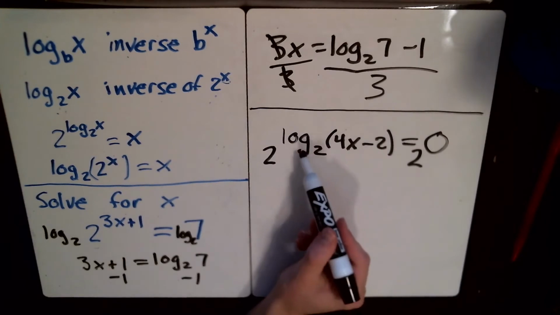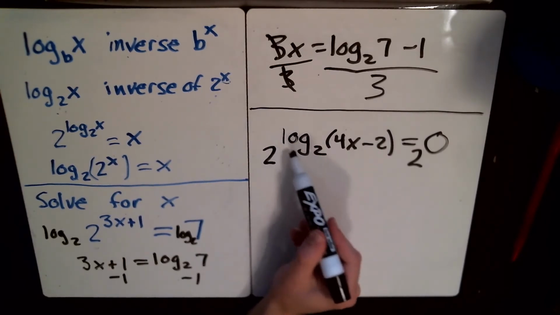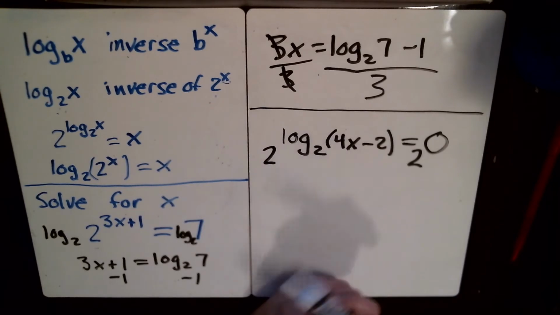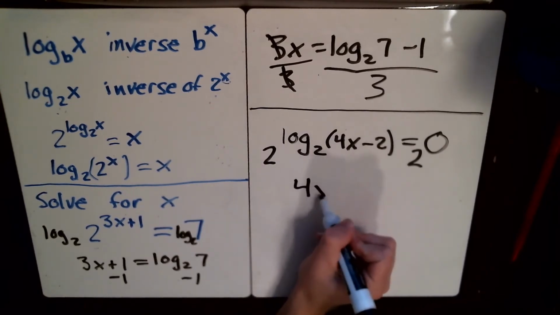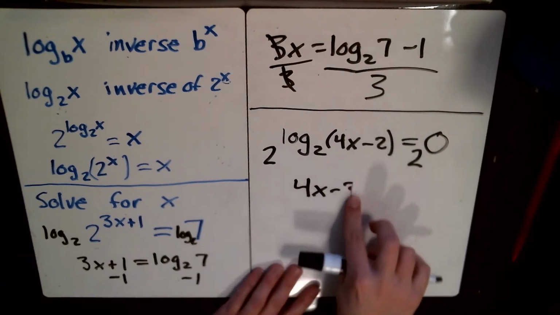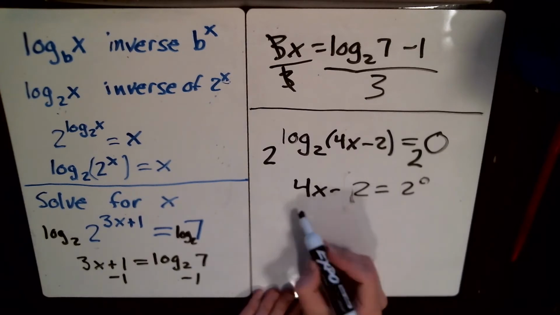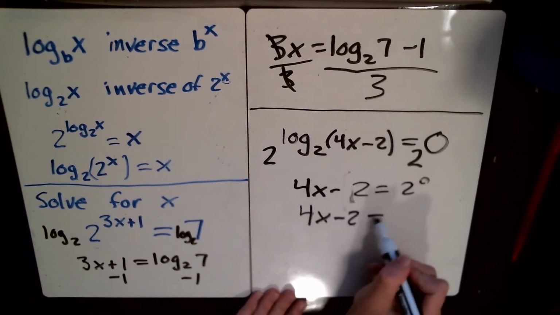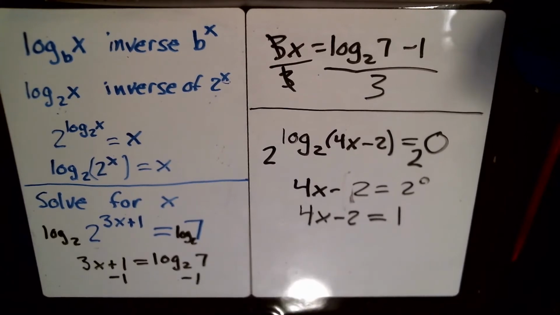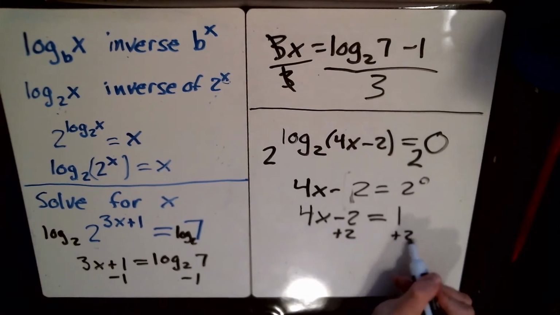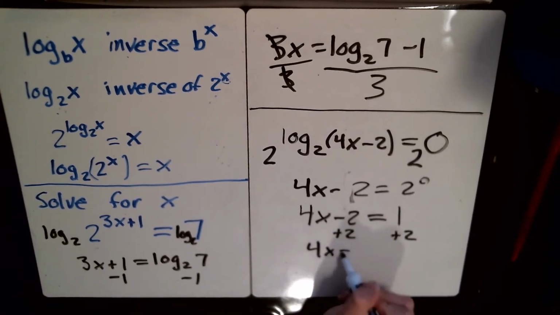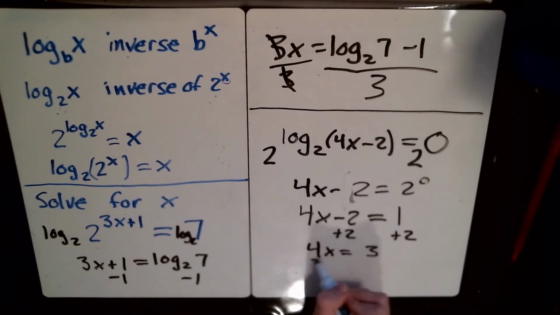When you plug that log base 2 into the exponent, these undo each other, so you just get 4x minus 2. 4x minus 2 is equal to 2 to the 0 power. 2 to the 0 power is 1, and now I can solve for x. This is just a linear equation. I would add 2 on both sides, get 4x is equal to 3, and then I would divide by 4. So x would be 3/4 in this instance.